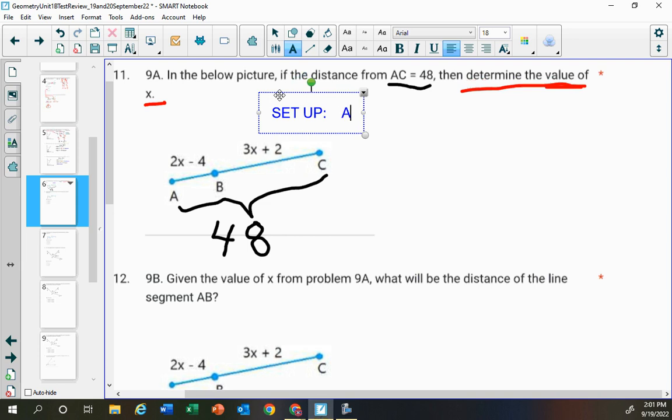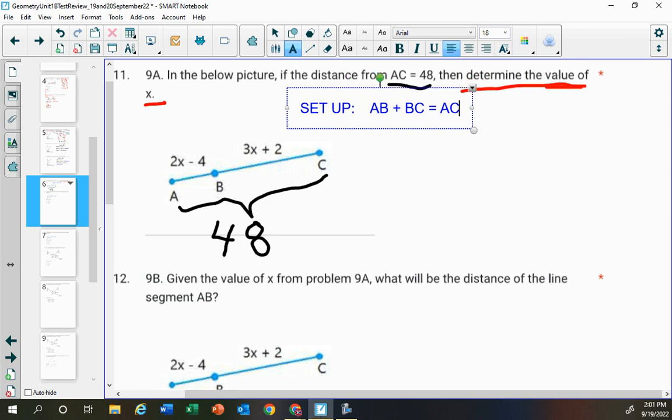Setup: AB plus BC equals AC, which AB we said was 2x minus 4 plus BC, which is 3x plus 2 equals 48. That's a very good setup there, Amy.